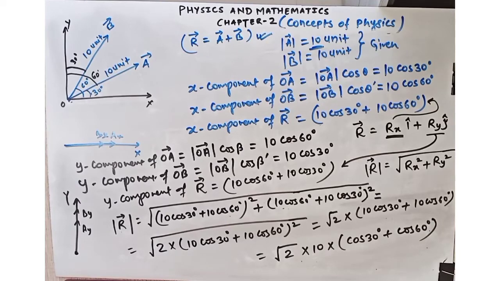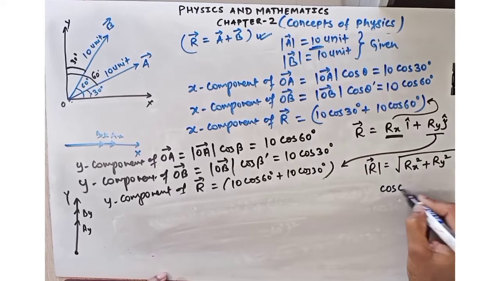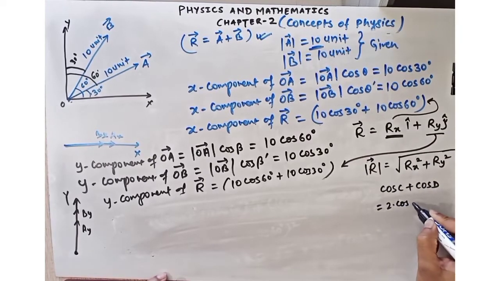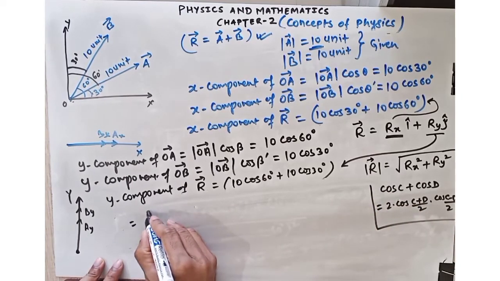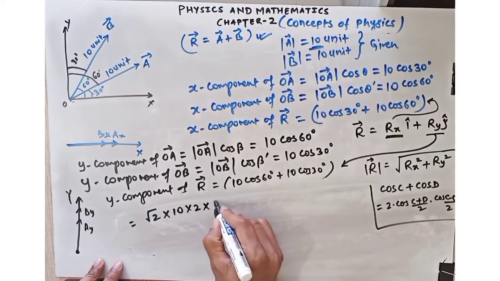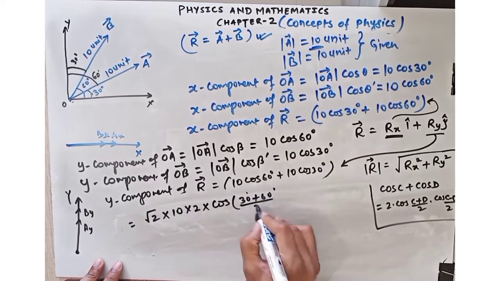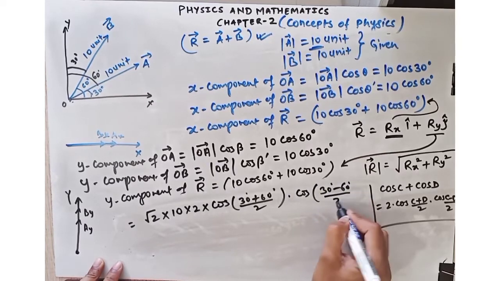Fine, cos c plus cos d we can write as twice of cos of (c plus d) upon 2 into cos of (c minus d) upon 2. So we will apply the formula here. So we have under root 2 into 10 into 2 cos of (30 plus 60) degrees divided by 2 into cos of (30 minus 60) degrees divided by 2.